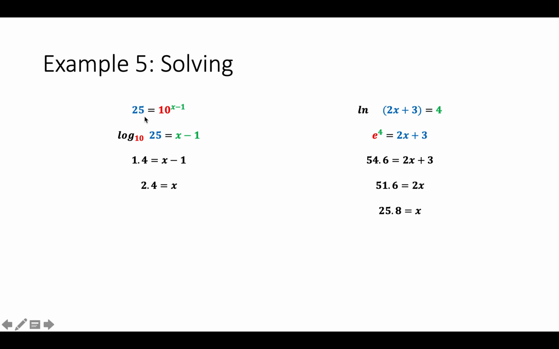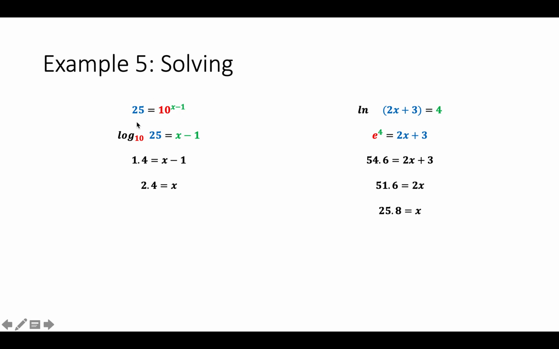So let's take a look at the first example here. 25 equals 10 raised to the x minus 1 power. I don't know 10 raised to what power equals 25. So I try to take the logarithm on both sides. Log base 10 of 25 equals log base 10 of 10 to the x minus 1 power.